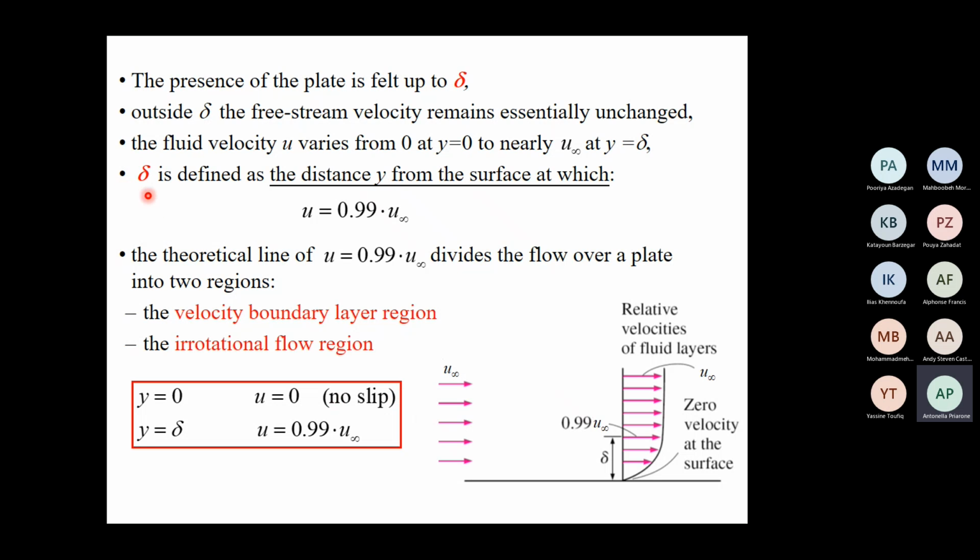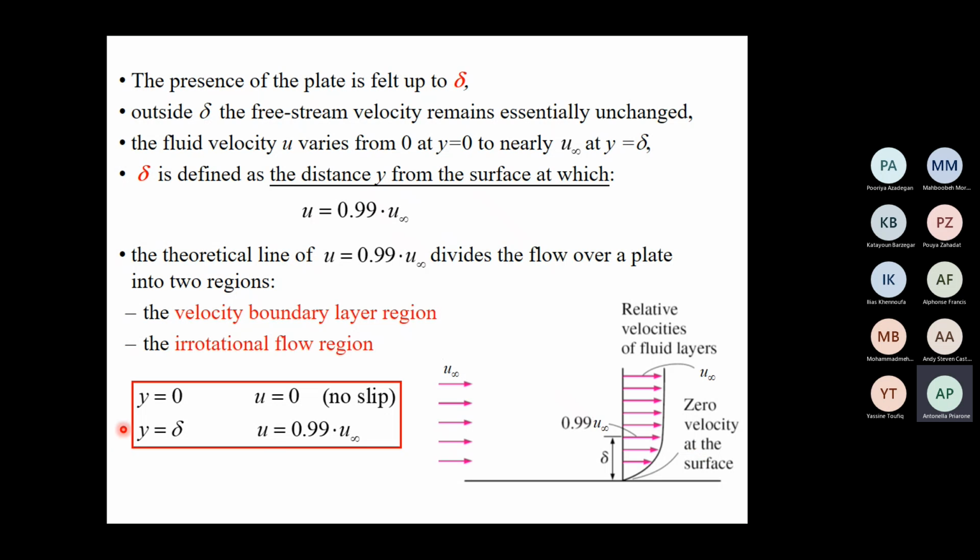How to quantify this delta thickness? Delta is defined as the distance y from the surface for which I consider the velocity equal to 0.99 of the undisturbed velocity. Obviously, it's a theoretical line, okay? It's a manner to introduce this thickness.